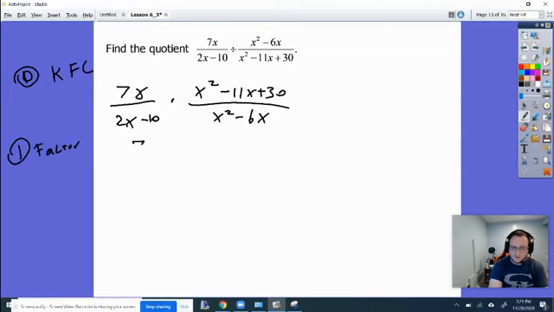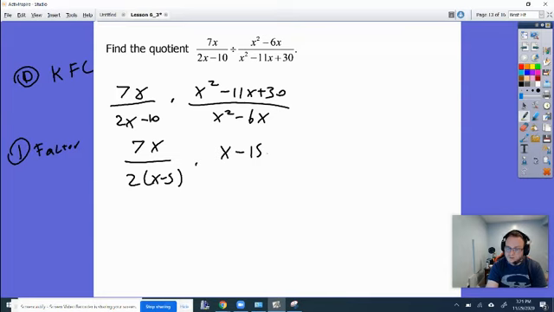So we're going to follow the same steps. So 7x, I can take a 2 out of this as a GCF. This one is going to be x minus 15. No, sorry. Let's actually do this one real quick. So 30, negative 11. It's going to be 5 and 6. Okay. Sorry, went too fast.